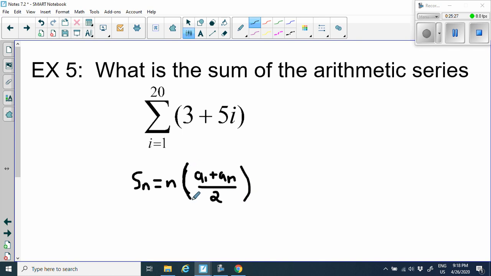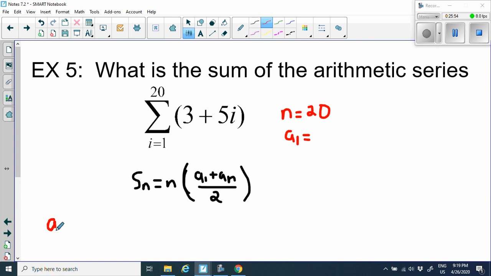Okay, so we need to first determine our n value. That means the number of terms we're adding together. Know that since we're going from 1 to 20, we're actually adding up 20 terms, so our n value is going to be 20. Then our a sub 1, we actually have to calculate that. So in order to calculate that, we have to plug 1 into our rule here.